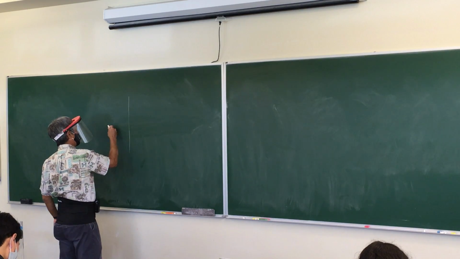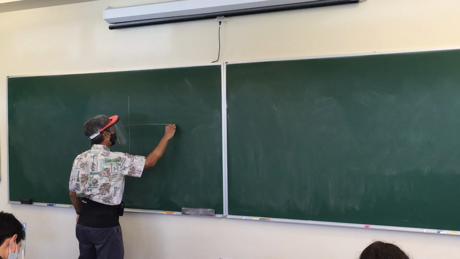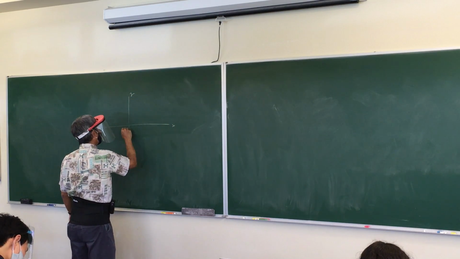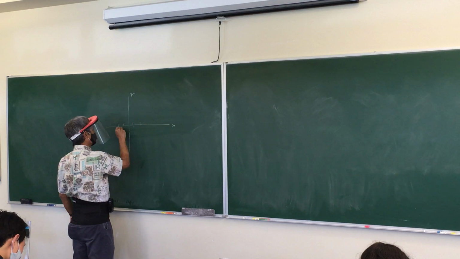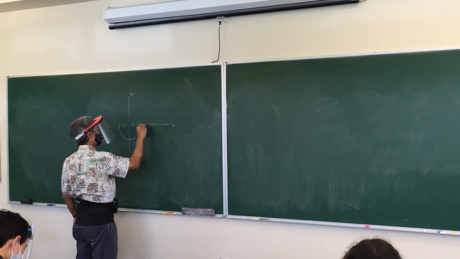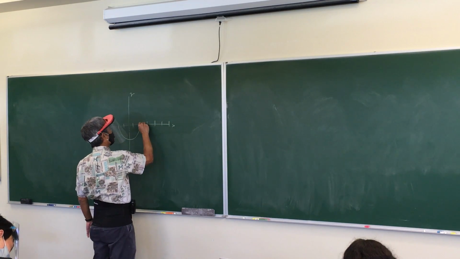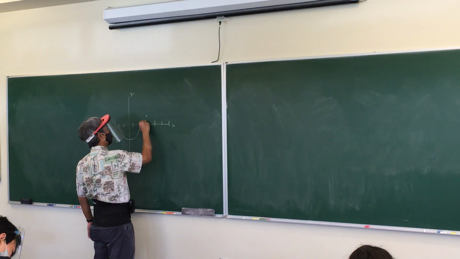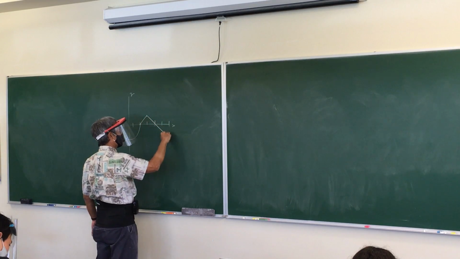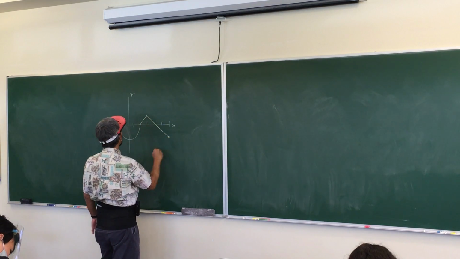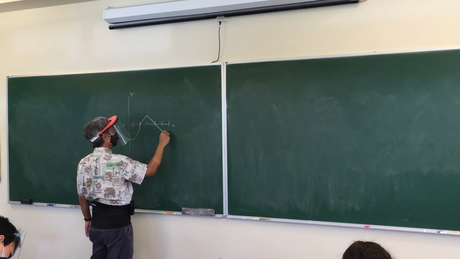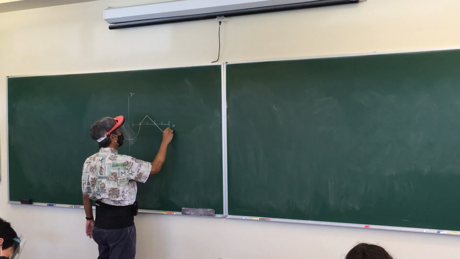The typical graph is they like to give semicircles and things. Let's put the semicircle this way this time. Here's a semicircle, and then 3, 4, 5, 6. Let's say it goes up like that, and it goes down like this. So this is -2, 1, 2, 3, 4, 5, 6.